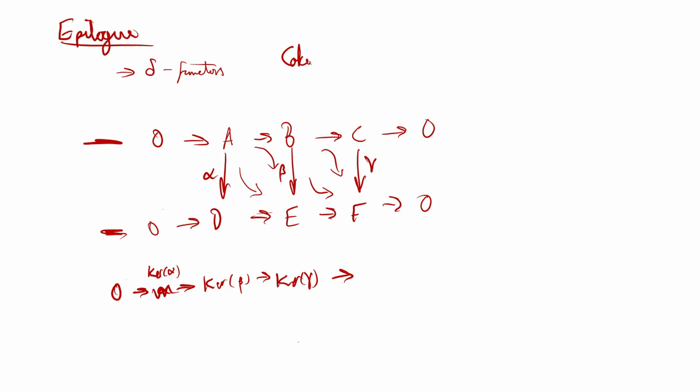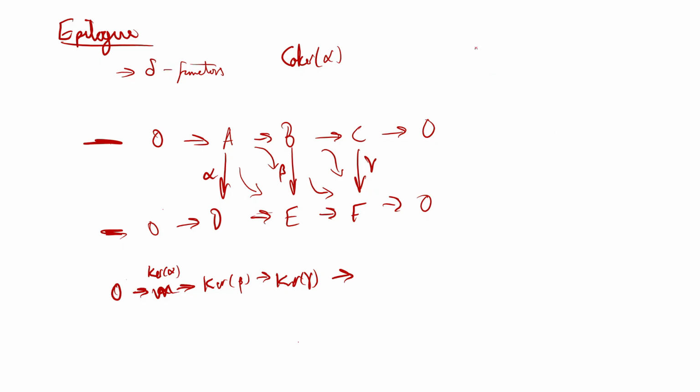The co-kernel of a morphism, so let's say alpha, is basically, you can define the kernel in terms of these arrows and dots, so I'm not going to, but basically that diagram you can flip all the arrows and then say the co-kernel has this definition.